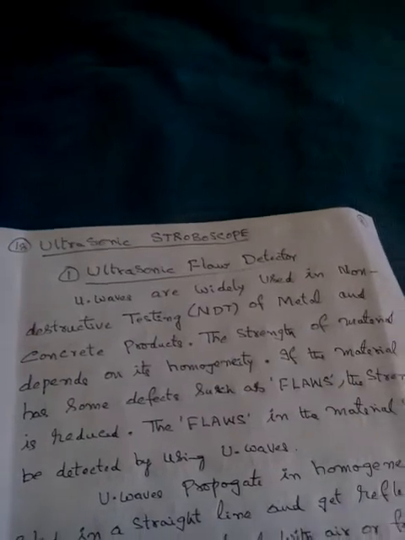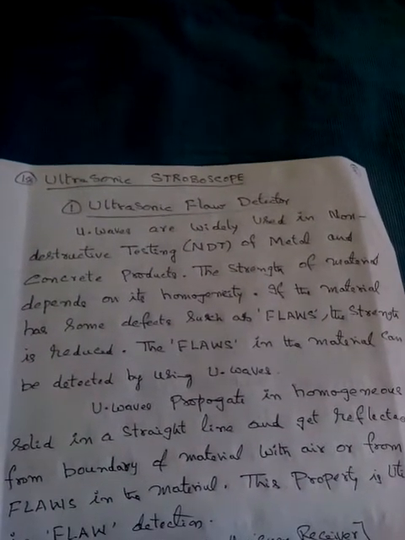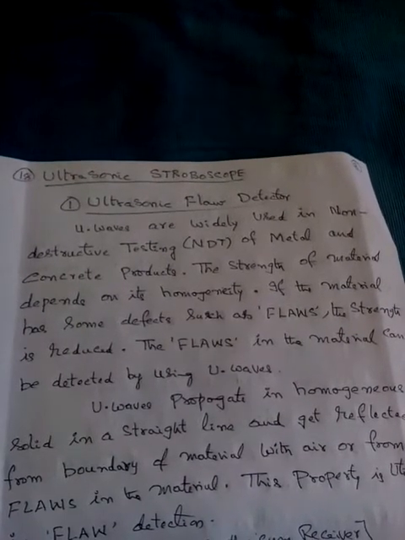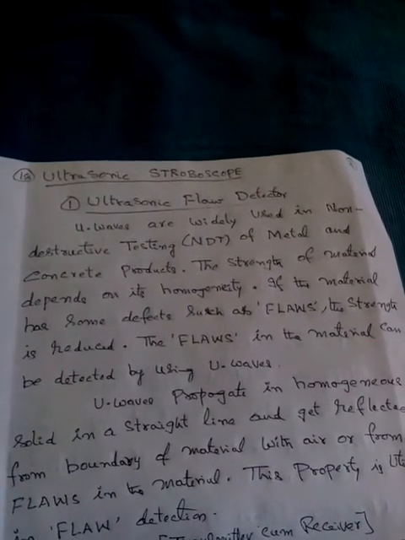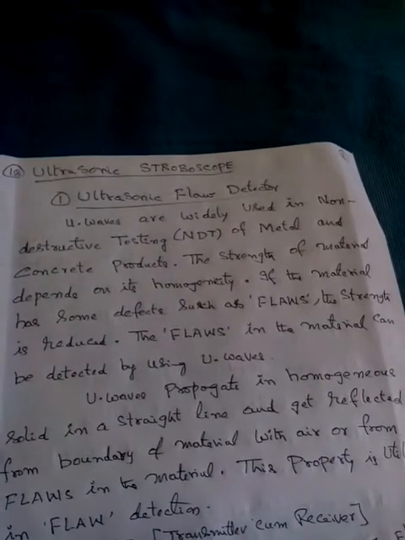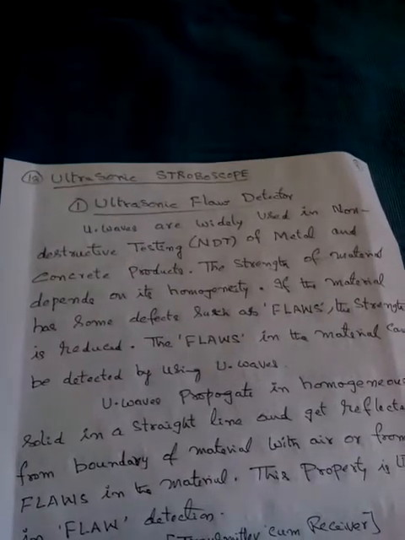Ultrasonic waves propagate in a homogeneous solid in a straight line and get reflected from the boundaries of the material, the boundary being air, or from a flaw in the material. If there is a flaw in the material, it reflects from the flaw.